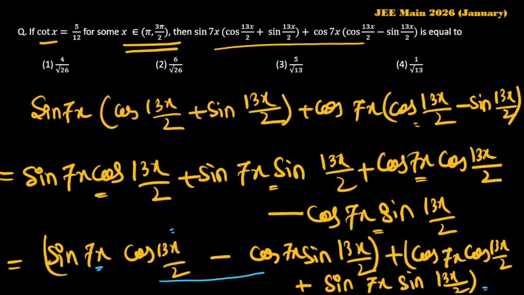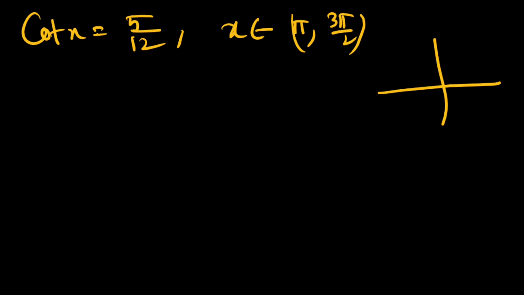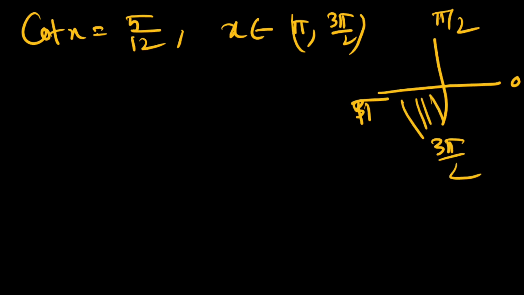If you see the coordinate axis, that is 0, pi by 2, pi, 3 pi by 2, so x belongs to the third quadrant.